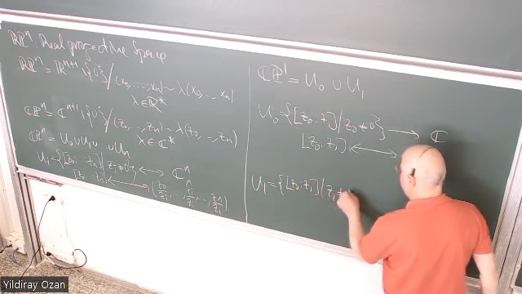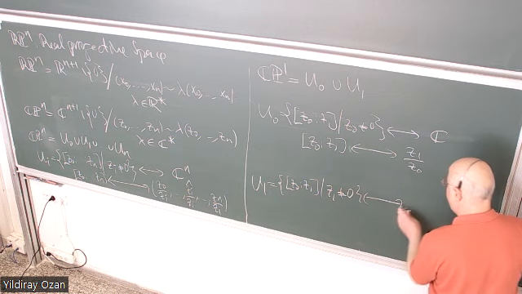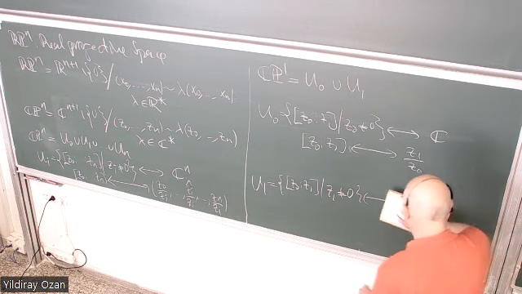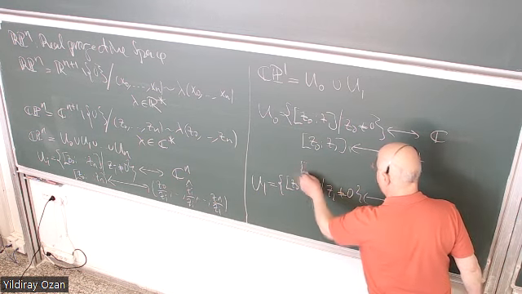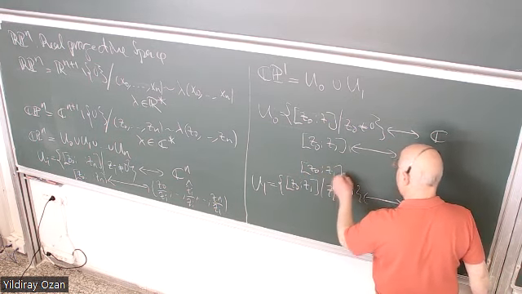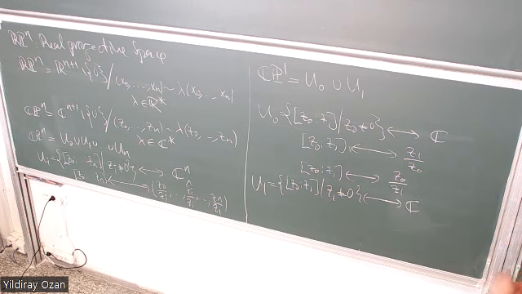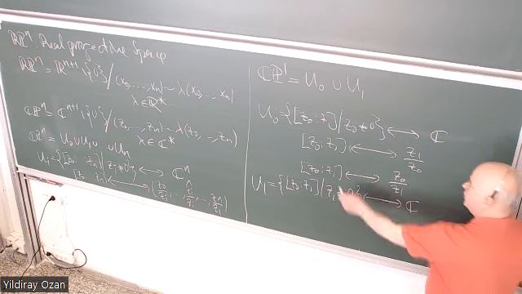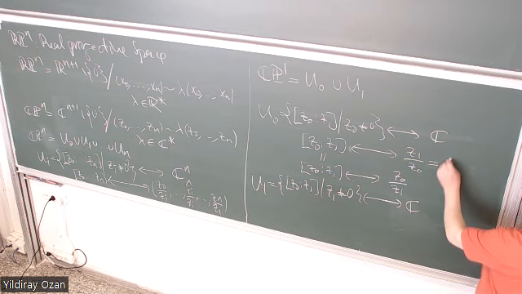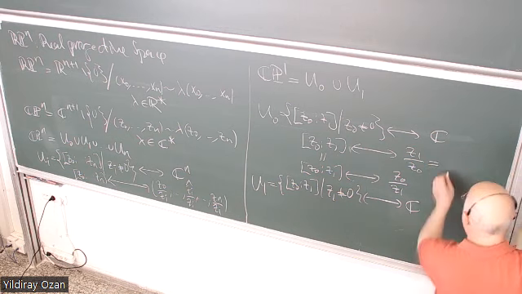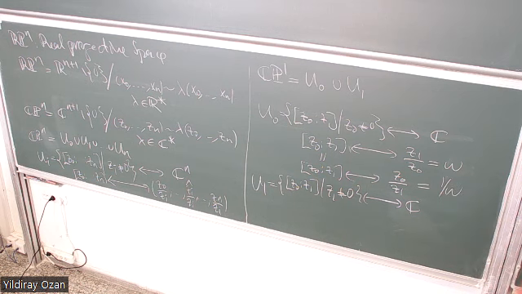This time, Z1 is not 0, and this also can be identified with complex numbers. This time, identification is just Z0, Z1 is identified with Z0 over Z1. So these are the same points. If I call this point omega, then what is this? This is just 1 over omega.